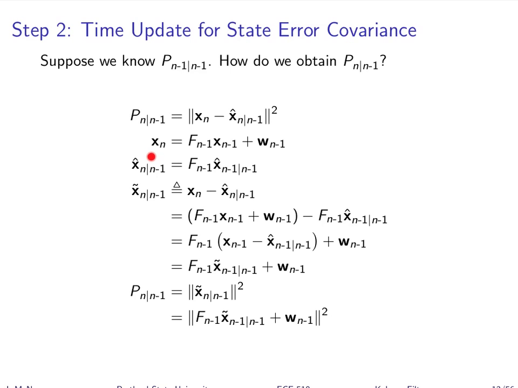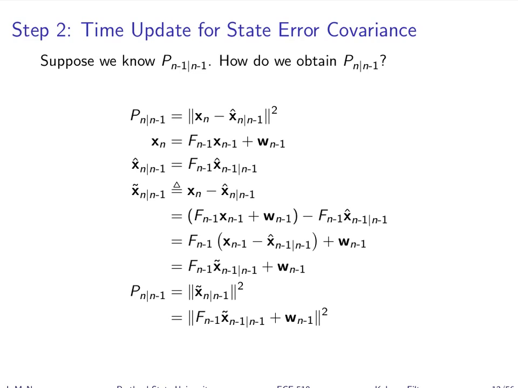And we know the state is related to the previous state by the process model. And we now know that our predicted state is also related to the process model. There's no noise term, but it's just the state transition matrix times the filtered estimate of the state. And I'm going to define this other term, the state error vector, with a tilde. So when there's a tilde on top, that means the difference between the true state and our estimate.